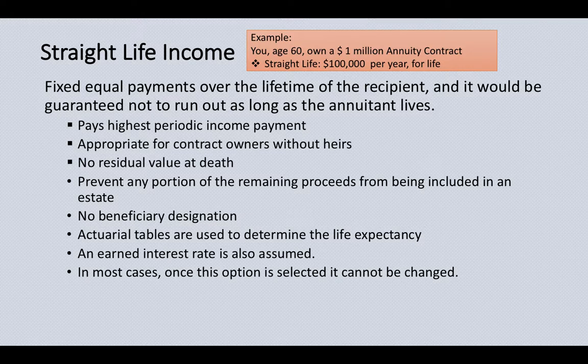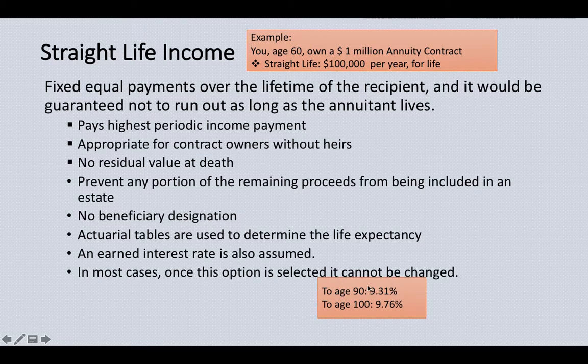Okay, in this little example, I can show you exactly what the interest rate is. Say you live till age 90. For this scenario, you have $1 million, currently you are 60, and you take a straight life $100,000 per year, so you would earn 9.31%.